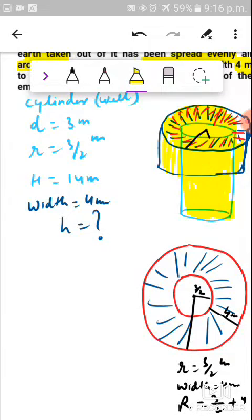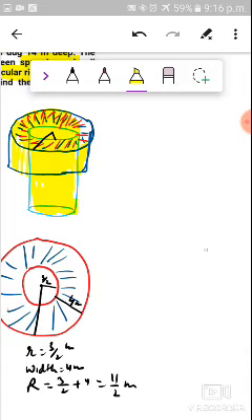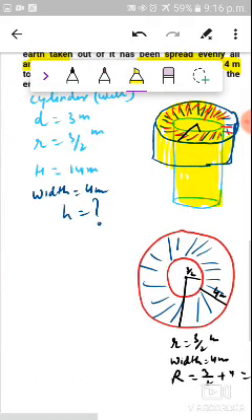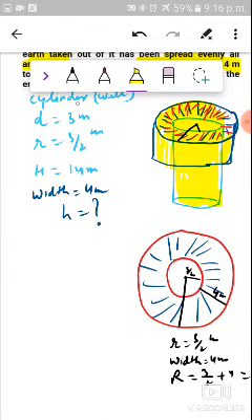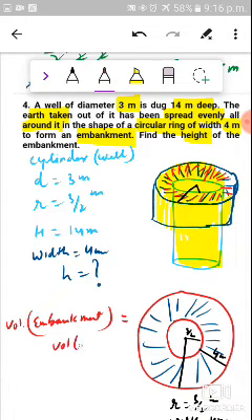So we'll write here: volume of embankment equals volume of earth dug out, which means the volume of the well.